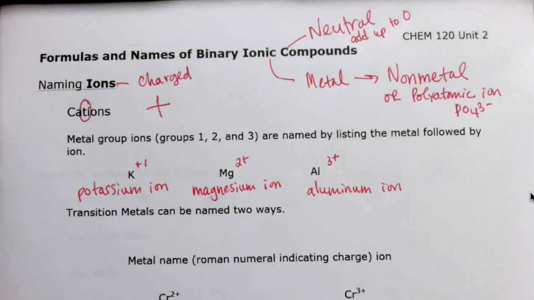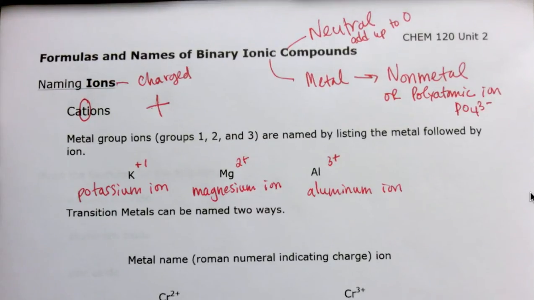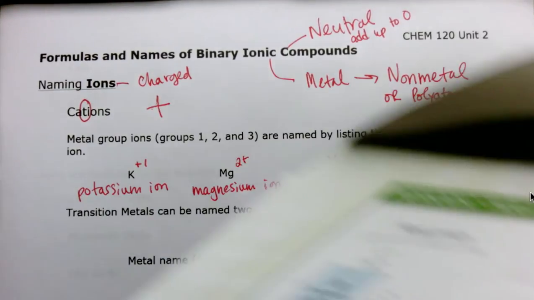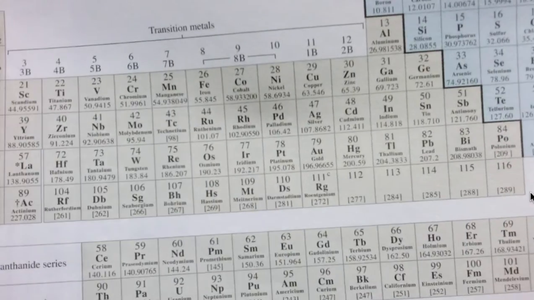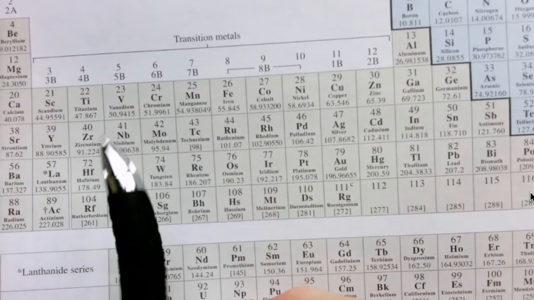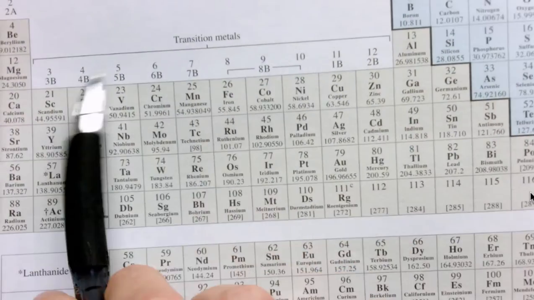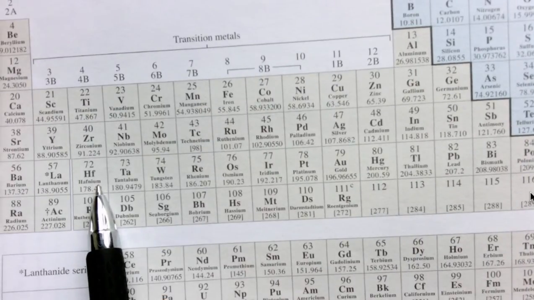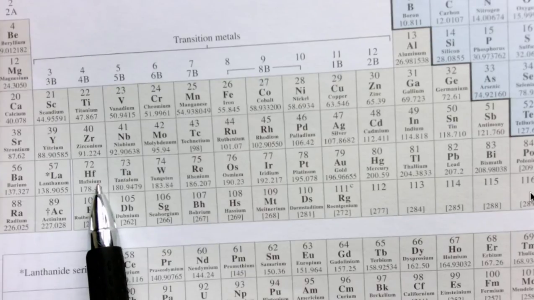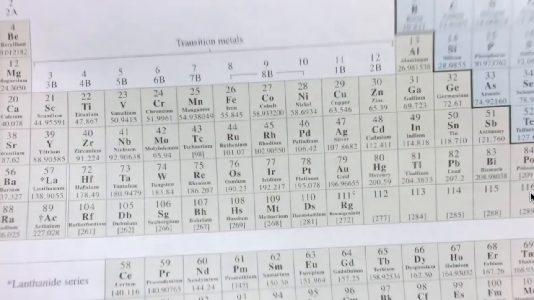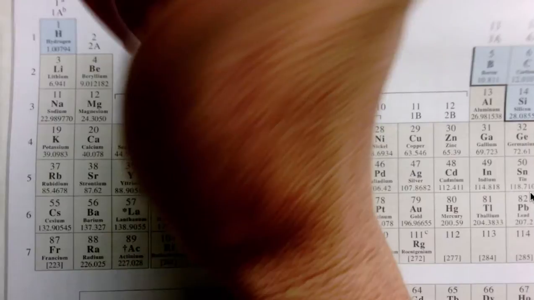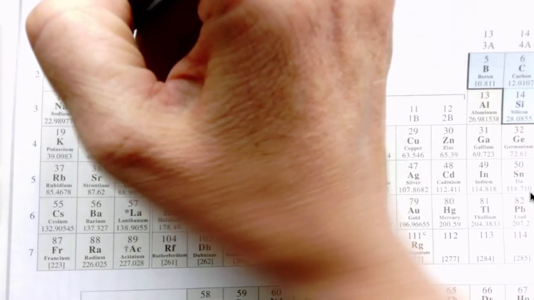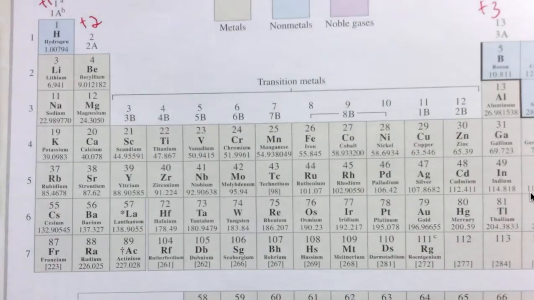Now, transition metals. Remember, transition metals are this area here. The unique thing about transition metals is they have charges that vary. Whereas group 1 is +1, group 2 +2, group 3 +3.